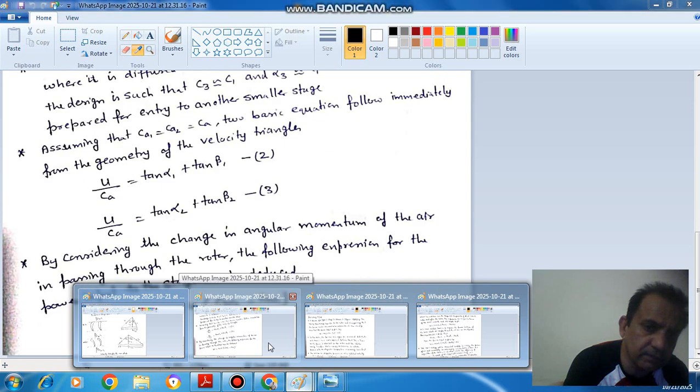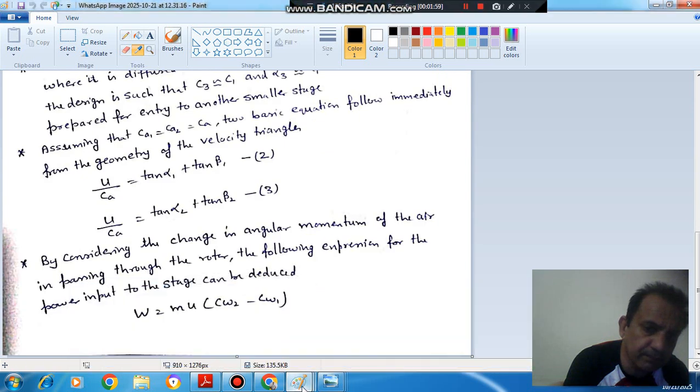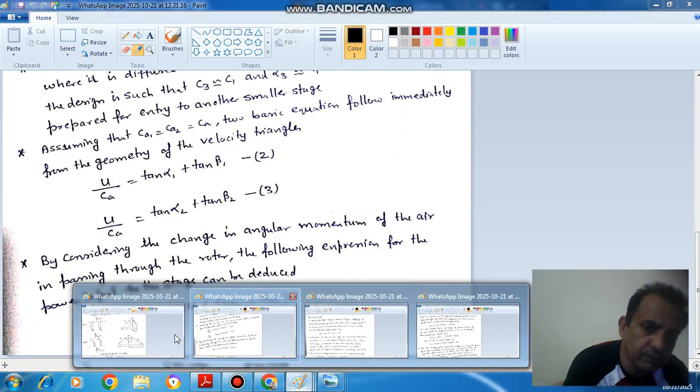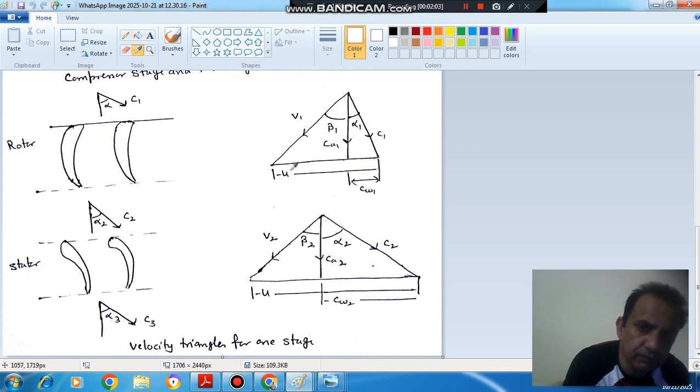From these diagrams, if you consider the first diagram, then this is your U. So if we take this, then (U minus CW1) by CA1 will be equal to tan beta 1, or we can say U by CA1 minus CW1 by CA1 will be equal to tan beta 1.